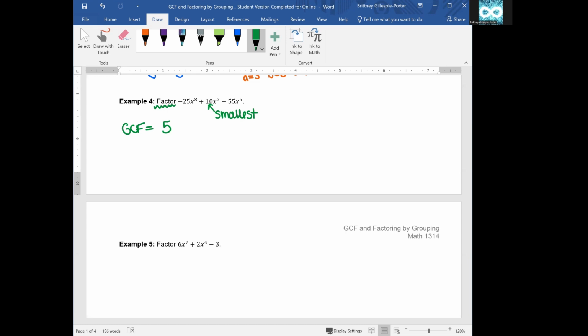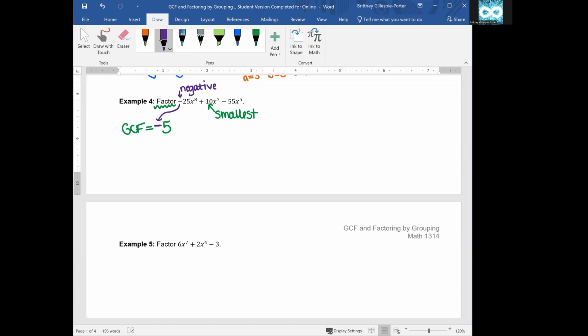But notice something about our leading coefficient. Our leading coefficient, because we're in descending order, is negative. You never want to start with a negative first impression. So whenever you have a negative leading coefficient, we are going to put a negative on our GCF.